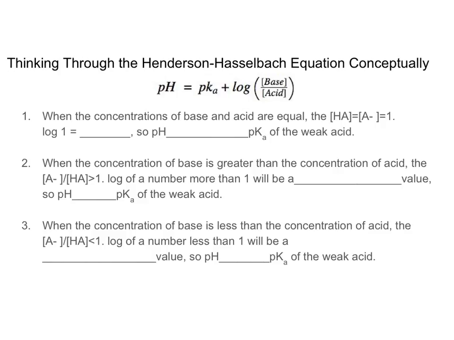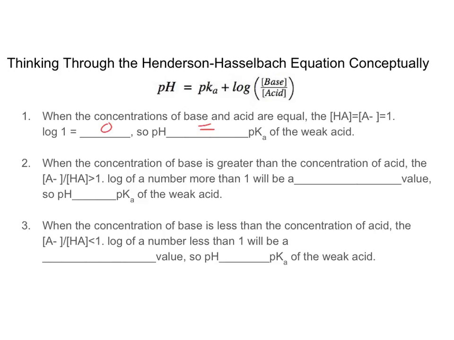If the concentrations of the conjugate base and the weak acid are equal at equilibrium, so if it's 1/1 or 5/5 or 0.002/0.002, you get log of 1, and log of 1 has a value of 0. So the pH will be equal to the pKa of the weak acid when they're equal.